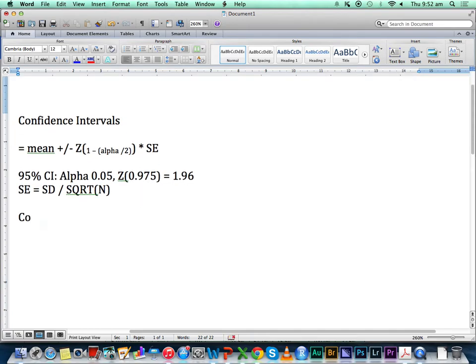But for this week, we need to calculate the confidence interval of a proportion, which is equal to P plus or minus C, the same thing.